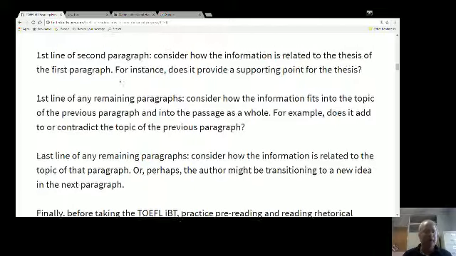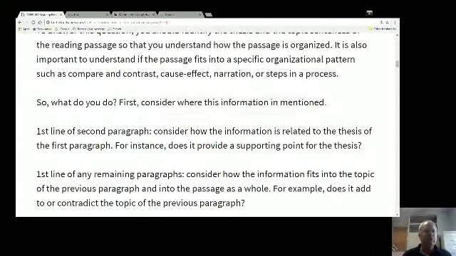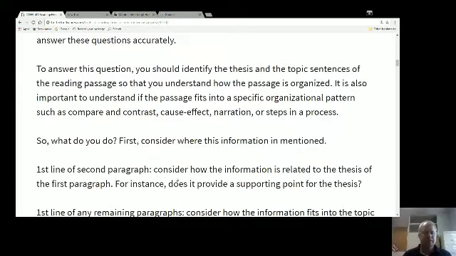Let's take a look at how you can answer this type of question. You should identify the thesis and the topic sentences of the reading passage so that you understand how the passage is organized. It is also important to understand if the passage fits into a specific organizational pattern, such as compare and contrast, cause-effect, narration, or steps in a process.